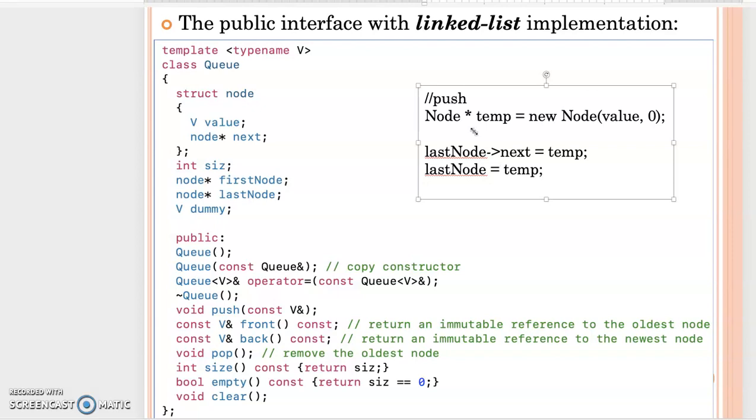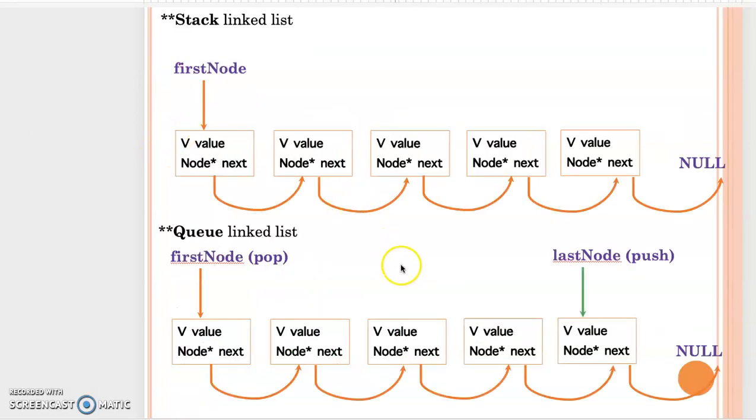But I want to remind you, don't forget, this one is very similar to our copy last week, because you possibly have your first node as well. When we start the queue, both your first node and the last node equal 0. So when you have a new node, we need to check whether the last node is pointing to 0 or not.